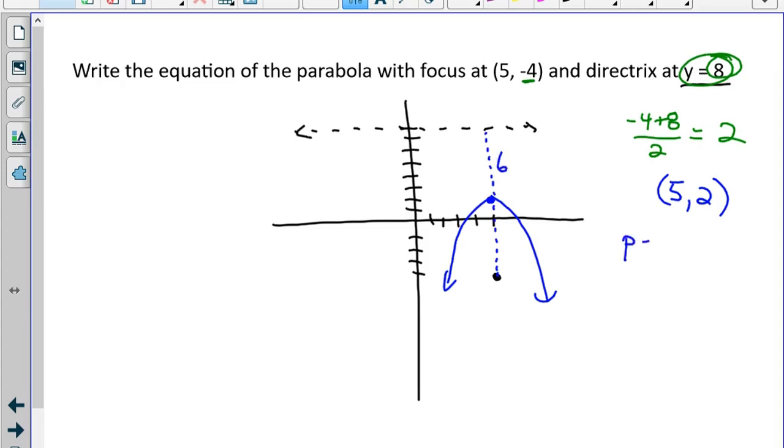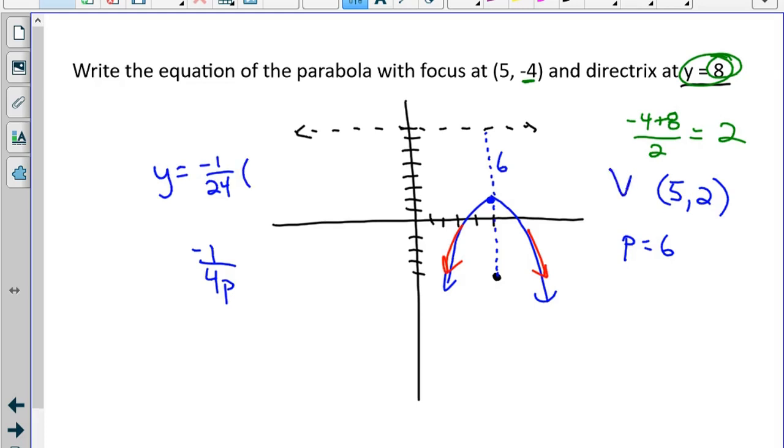So that means p is 6. So I'm going to do 1 over 4p. And notice I have to make this negative because it's opening down. So this is going to be a negative 1 over 4p. So I have y equals negative 1 over 4p. Since p is 6, this is going to be negative 1 over 24.